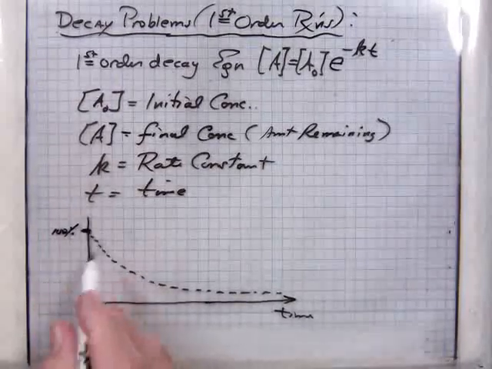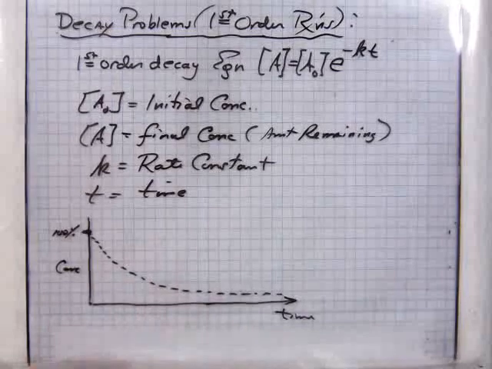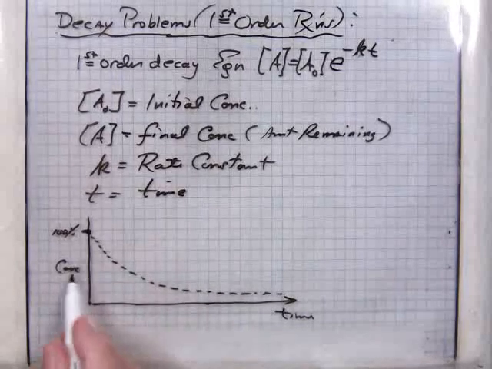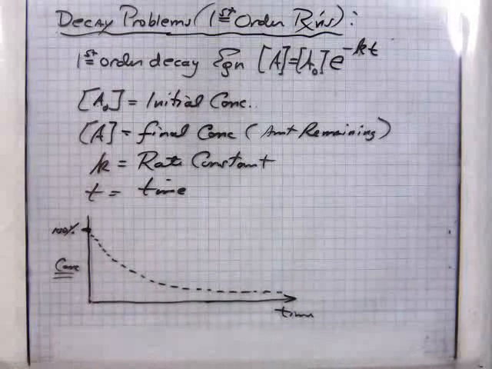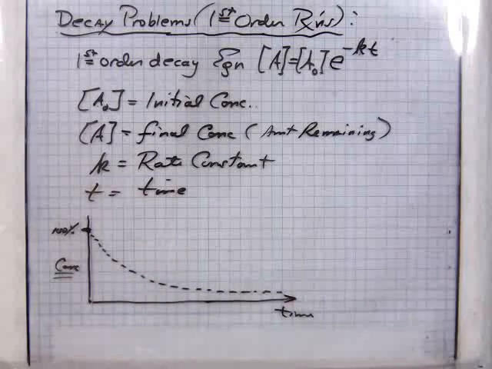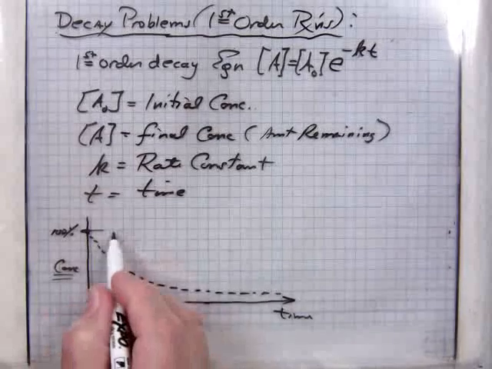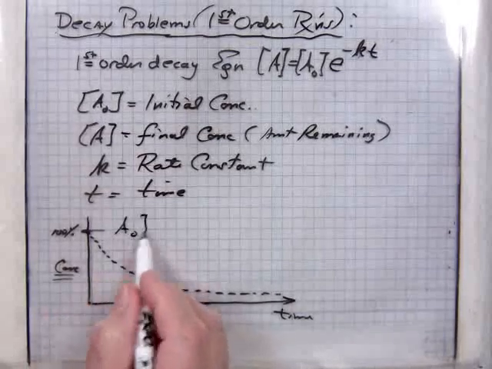So when you start, and that's concentration. So the object of the problems is to determine what concentration is over time. And one type of problem is what we call half-life. So this is the initial concentration, say.